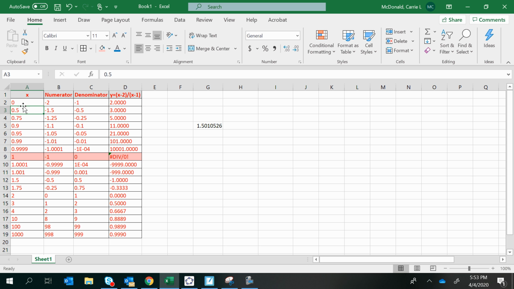Then if I get a little closer to my vertical asymptote value of 1, notice that my y value is getting larger towards positive infinity. And this keeps happening. The closer I get with my x values to positive 1, my y values are getting closer to positive infinity.